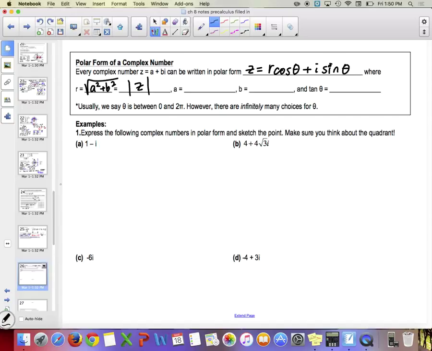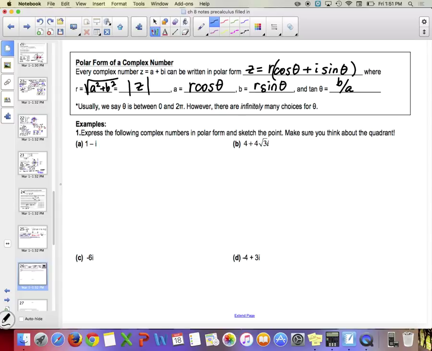Actually, we write it, I was kind of right. We really write it like this. We pull the r out. So really it would be i times r sine of theta. All right, and then a is equal to r cosine of theta, and b is equal to r sine of theta. And tangent of theta is always like our y value divided by our x value, right? So it would be like the b value divided by the a value.